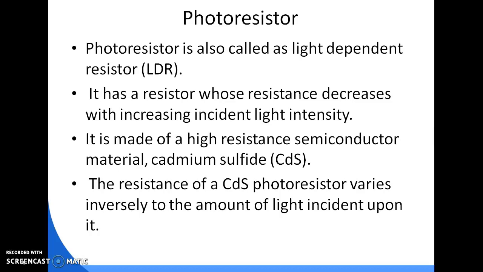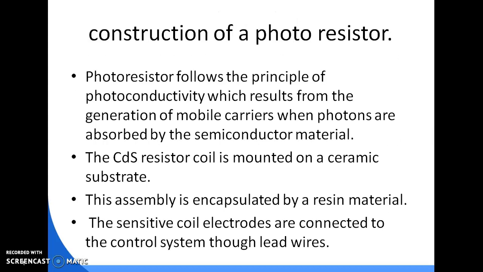It is made up of a high resistance semiconductor material, that is cadmium sulfide, or we can say CdS. The resistance of a CdS photoresistor varies inversely to the amount of light incident upon it. We will see the construction of a photoresistor.